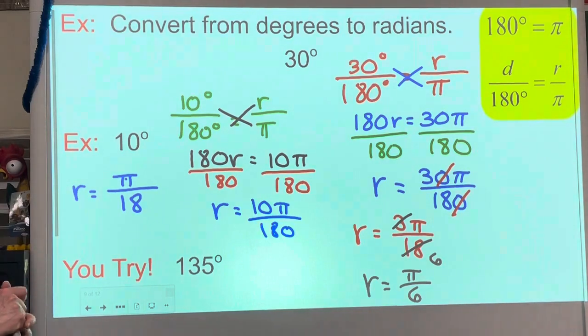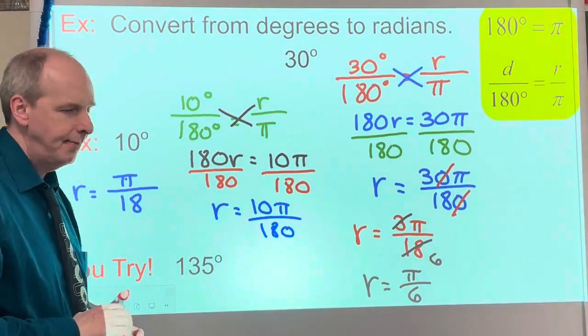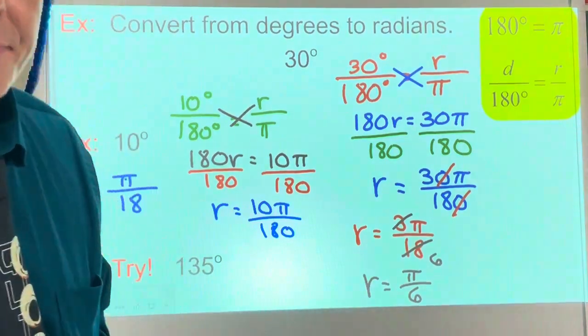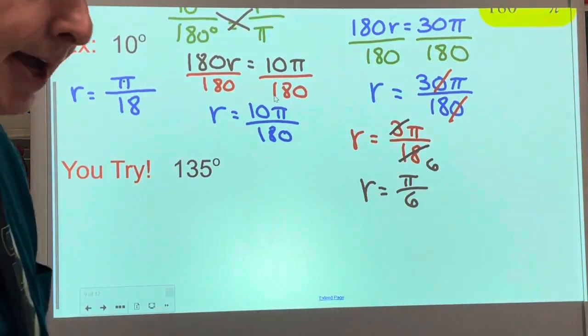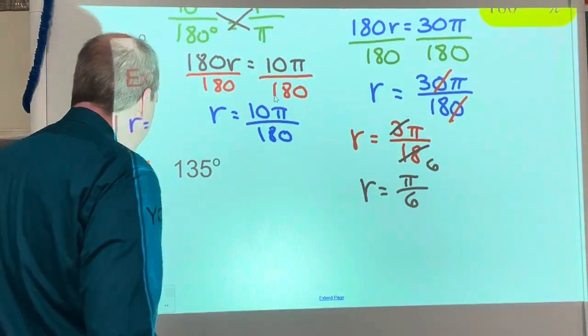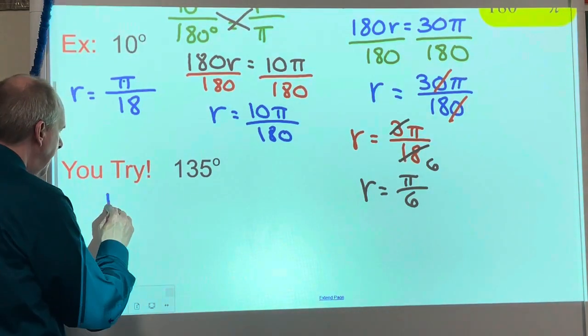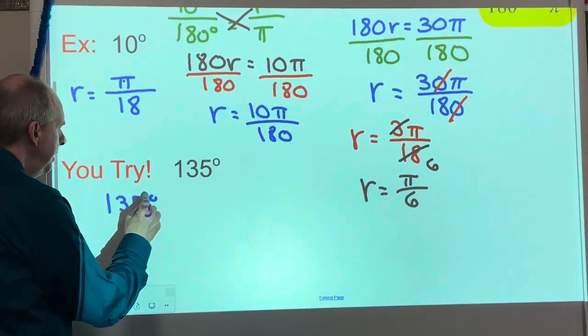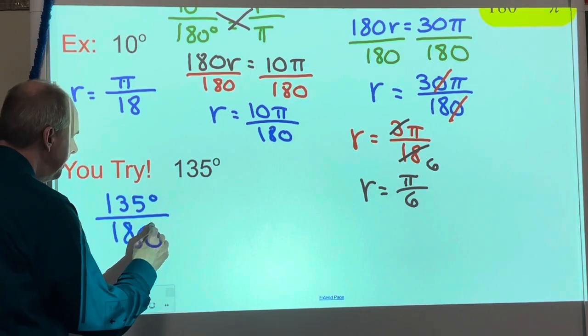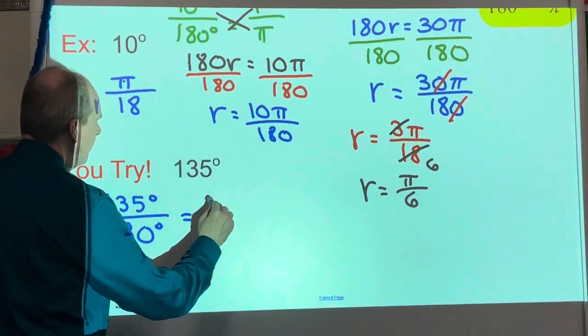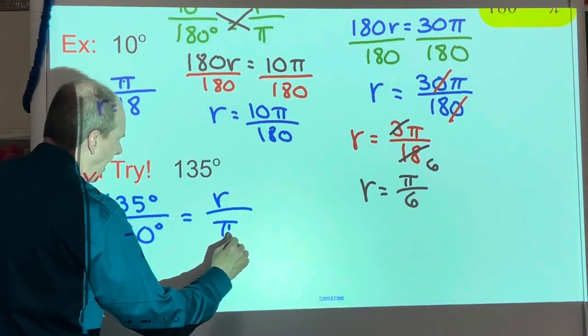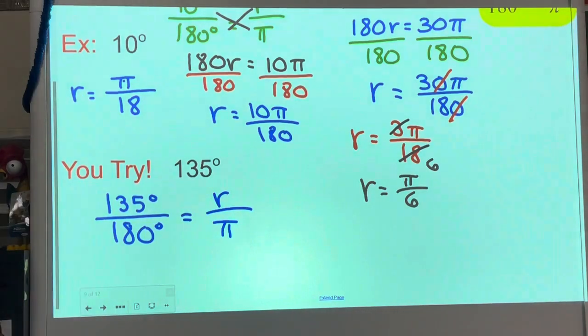How about you pause, try for a minute, 135 degrees, try it out. All right, welcome back. Let's try 135 degrees, make sure you're on the right track. We'll take 135 degrees out of 180 degrees equals r radians over pi radians.